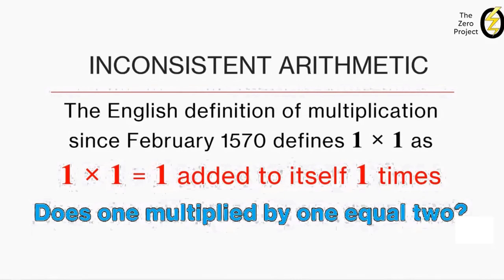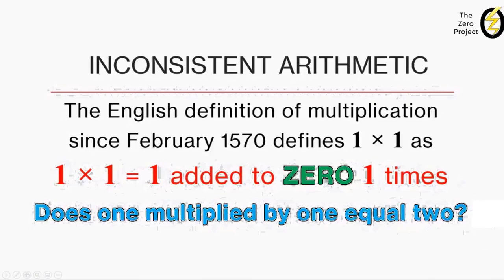So at the age of 7, I noticed that there was a problem, and that was pretty simple, and that was that it should have been explained to the class that there was a zero involved. And 1 multiplied by 1 equals 1 added to 0 1 times.